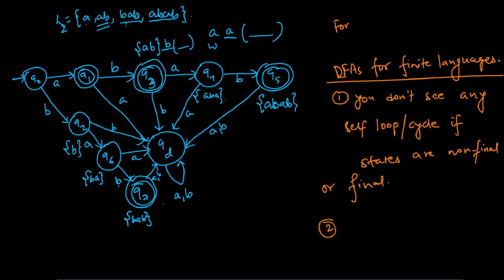Number two, self loops are there only on the dead state. Okay, so this is the observation.